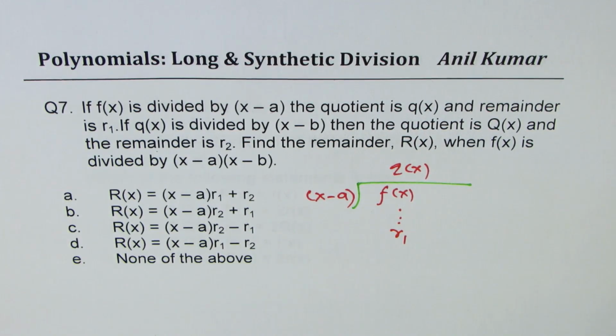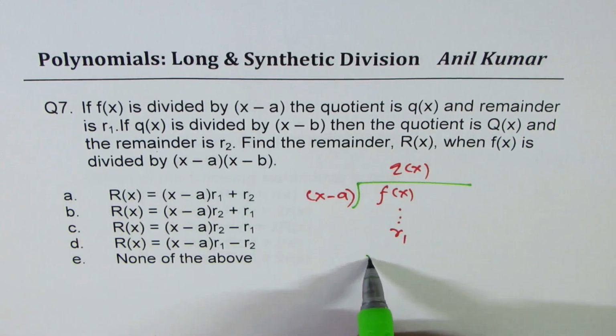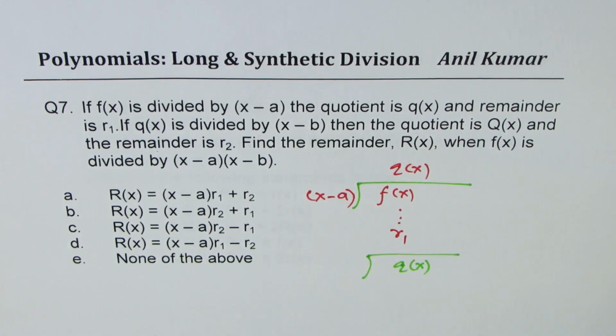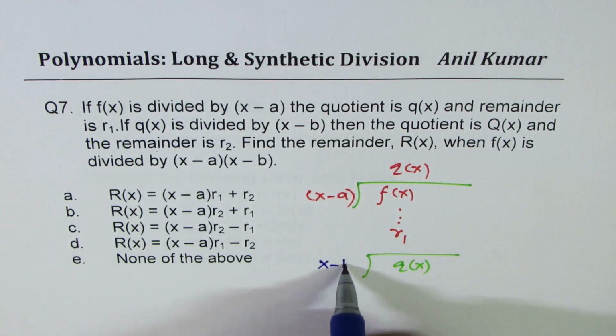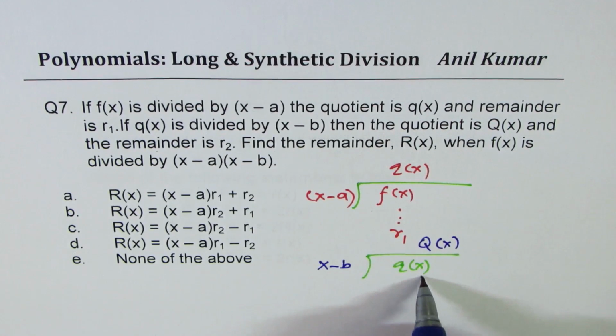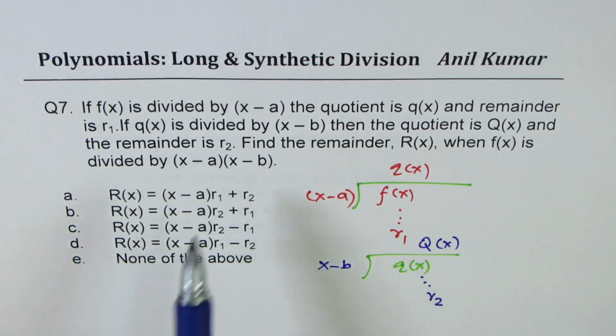Then q(x) is divided by x minus b. That quotient is being divided by x minus b. In that case, you get the final quotient and some remainder r2. That's the second statement.